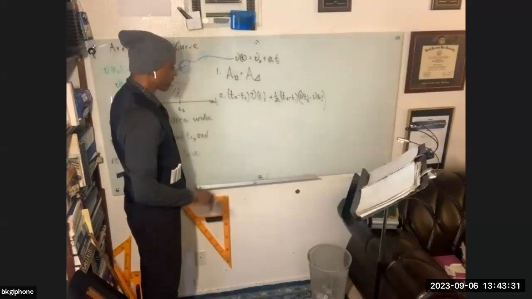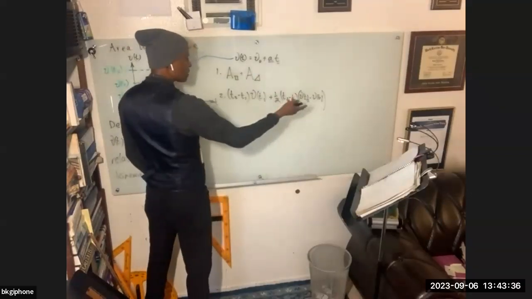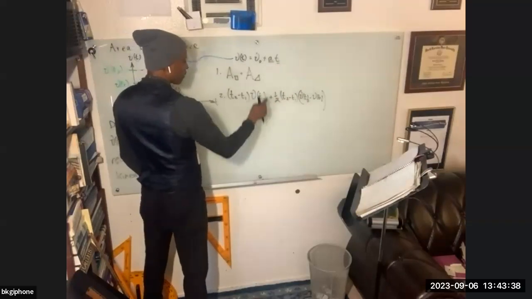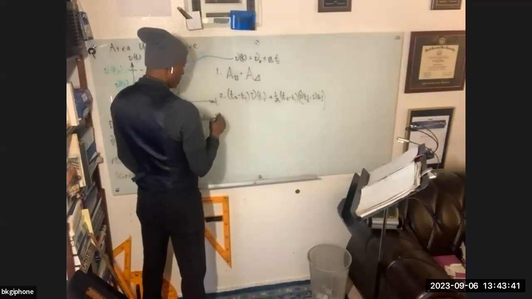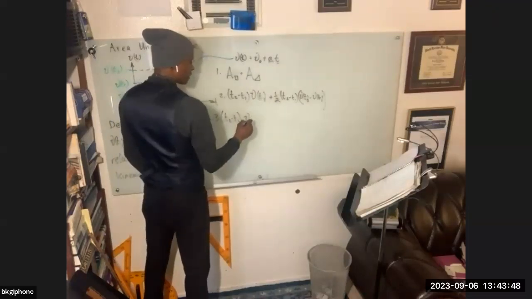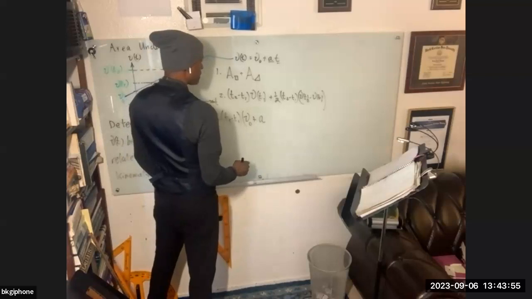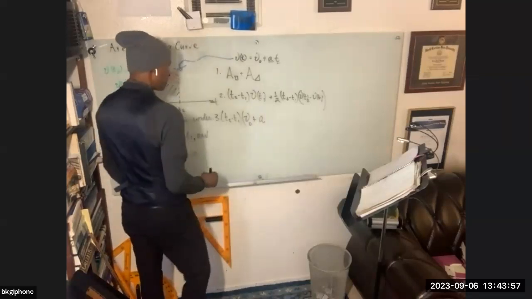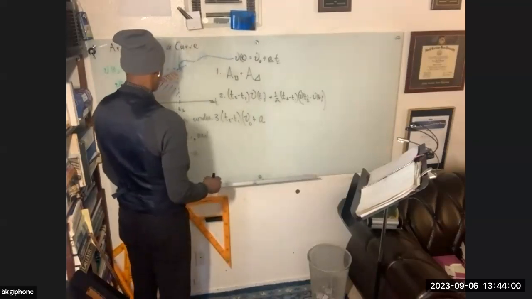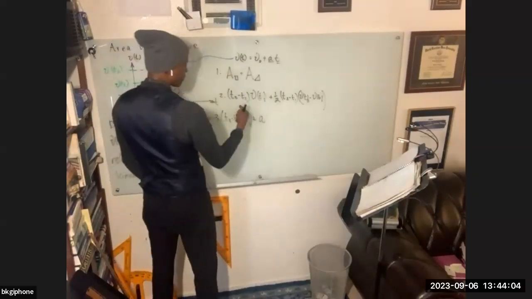Let's simplify it. When we put in the v of t, we're substituting in this expression with those particular times. So we still have t2 minus t1, but v of t1 is v naught plus a times t1, because that's what we put in for v1.